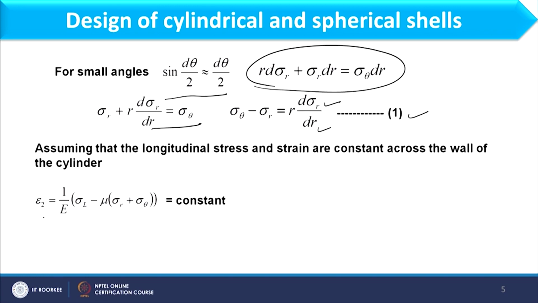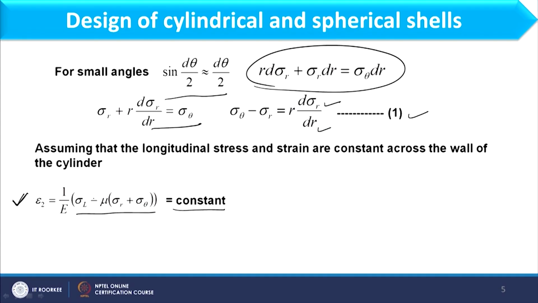Now if you remember the expression of the triaxial system which we discussed in lecture 2 of week 1, that expression we will use over here to define the stress and strain relationship in this system, and that equation is given as mentioned over here, where epsilon 2 is equal to 1 by E into sigma L minus mu into sigma r plus sigma theta, and that will be equal to constant.